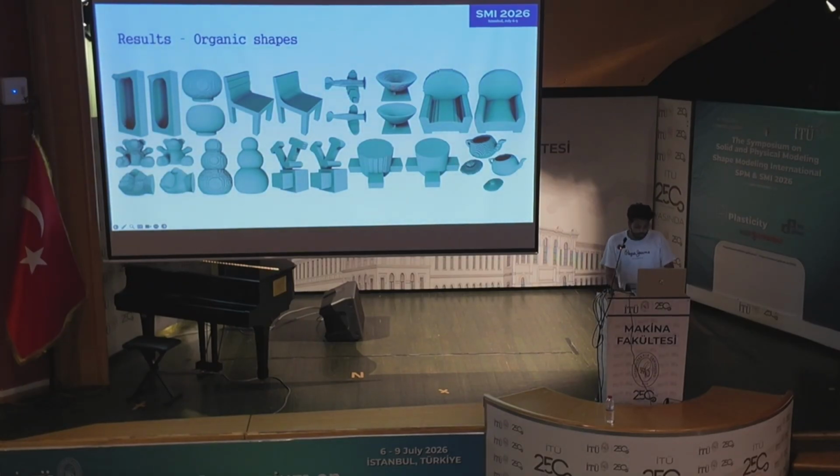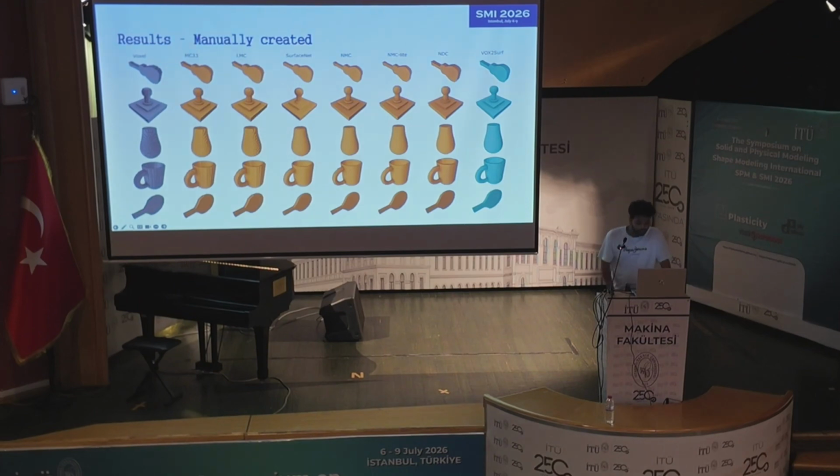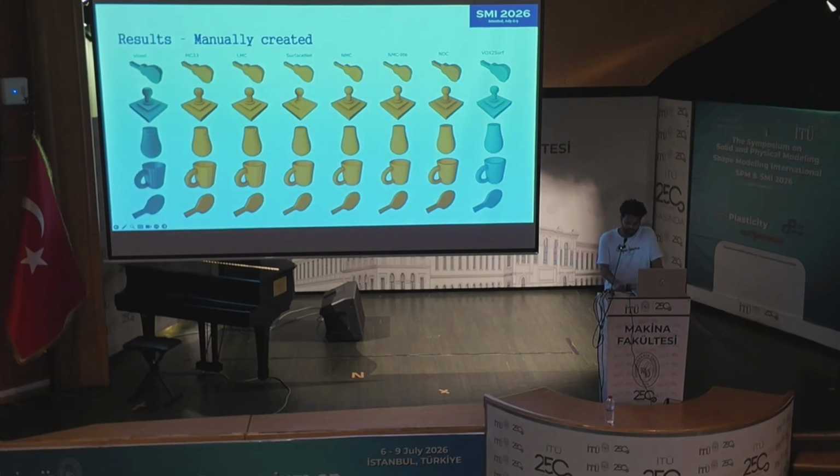They work well, and we manually created voxel grids depicting a few shapes and tried our method along with several alternatives. And we found our method to be working fine, better than the rest.